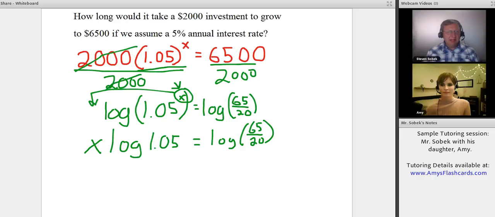And to get this x by itself, just like back when you were in 7th grade and you had a problem like x times 4 is equal to 20. What would you do to both sides to get rid of this 4? Divide by 4. You divide both sides by 4. We have x times this monster here equals something, and we're going to do the same thing. We're going to divide both sides by the log of 1.05.